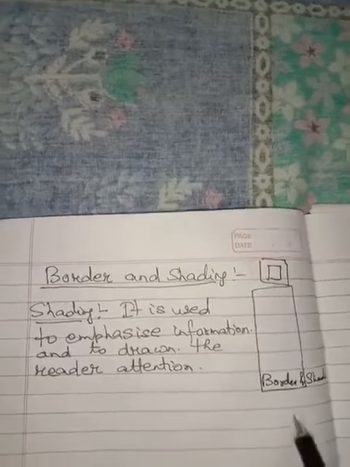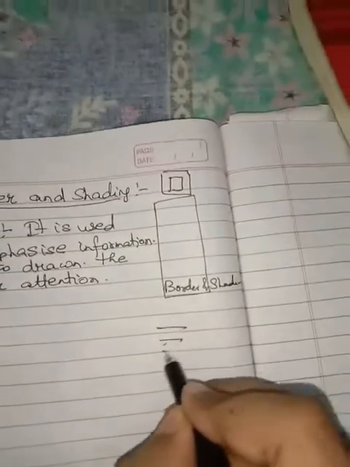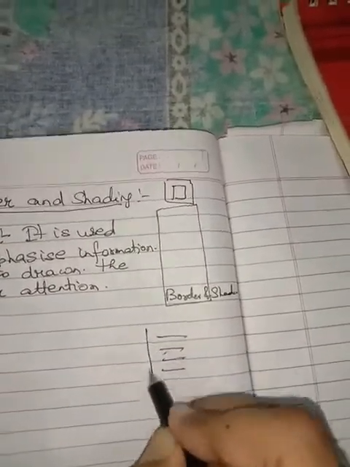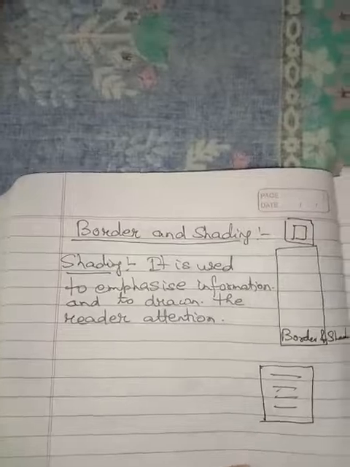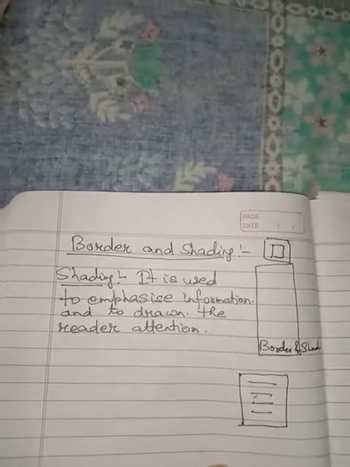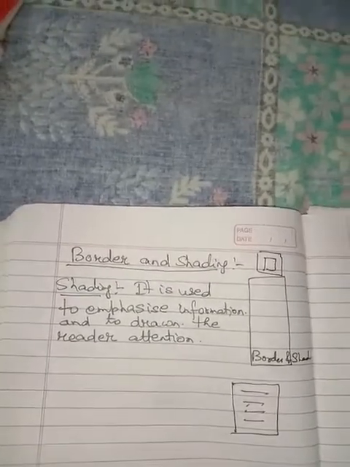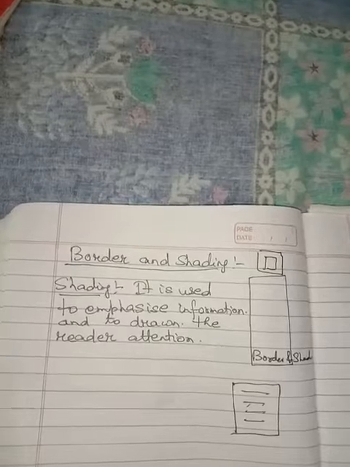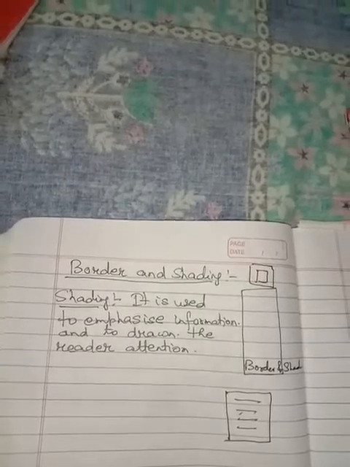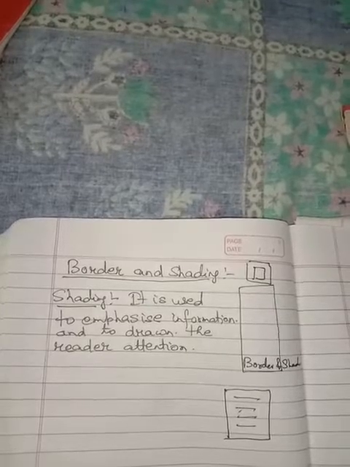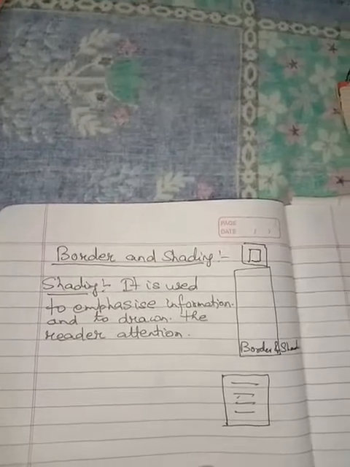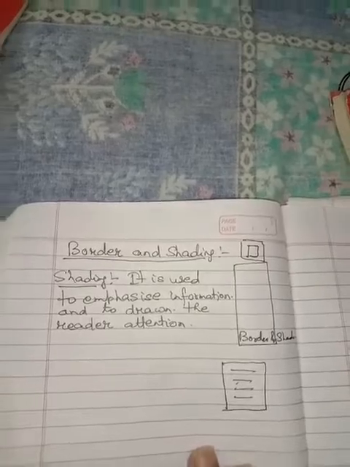So border means, suppose I have written a text over here and I want to place it in a border. In this way we can apply the borders. And what is shading? We can say it is used to emphasize, means to give importance to certain information, and it is also used to draw the attention of the user so that the user can turn their attention to that particular topic. So this was about the border and shading.